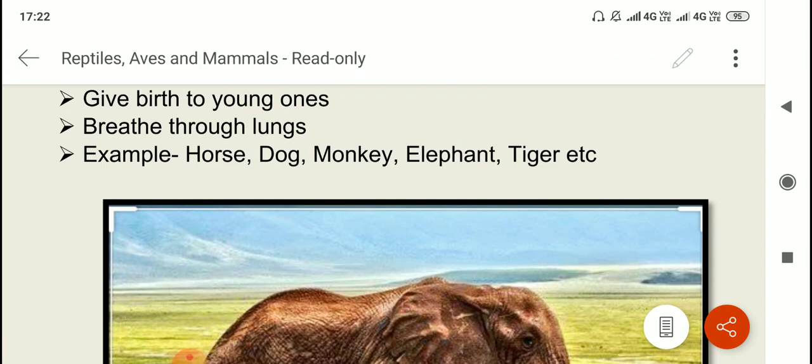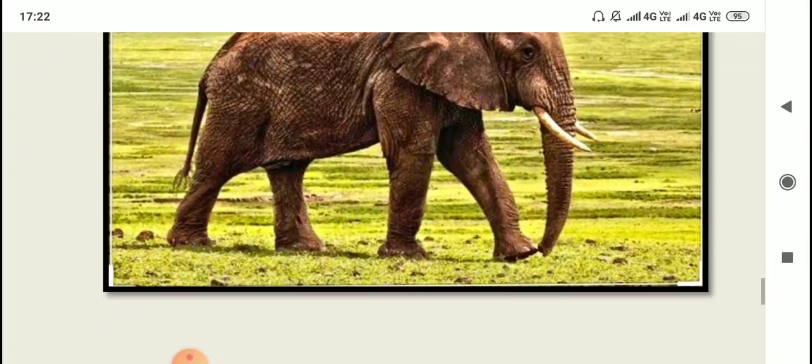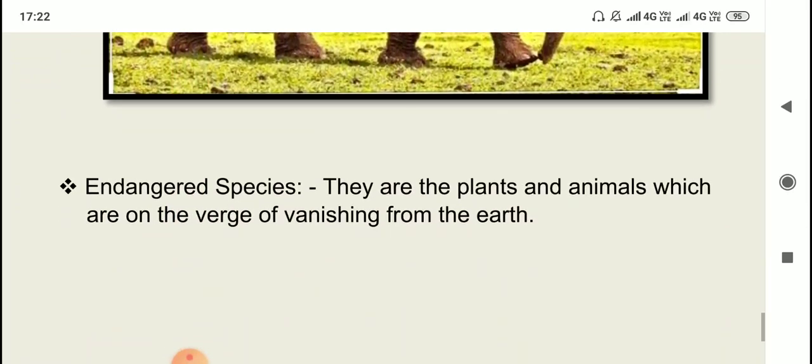Now moving on to one very important term. What is it? Endangered species. Now there are some plants and animals which will become extinct in near future if we don't take care of them.